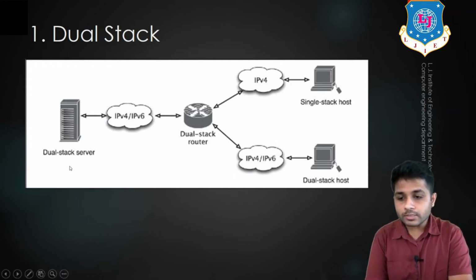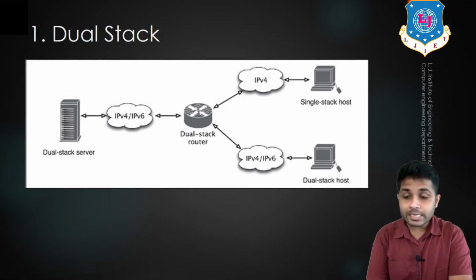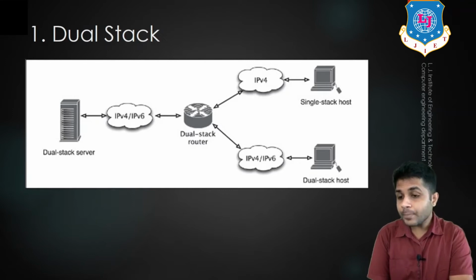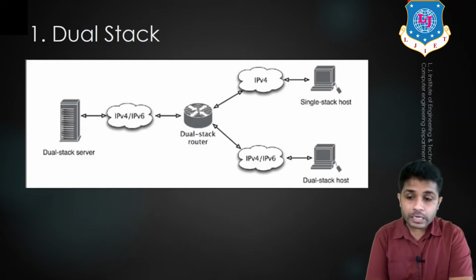So the dual stack server can receive requests from both types of IP addresses. It can understand IPv4 packets, or it can also understand IPv6 packets. In this figure there is one single stack router and one single stack host.